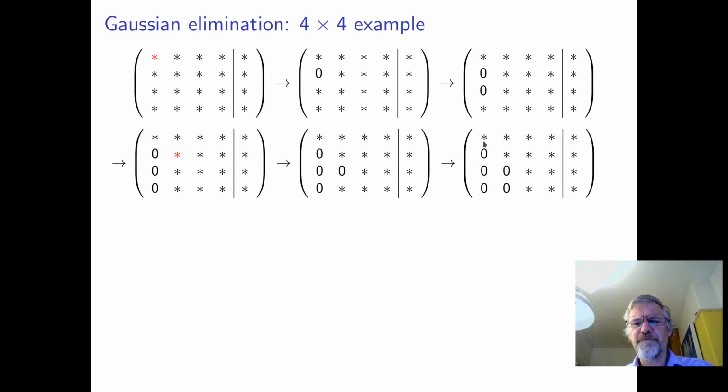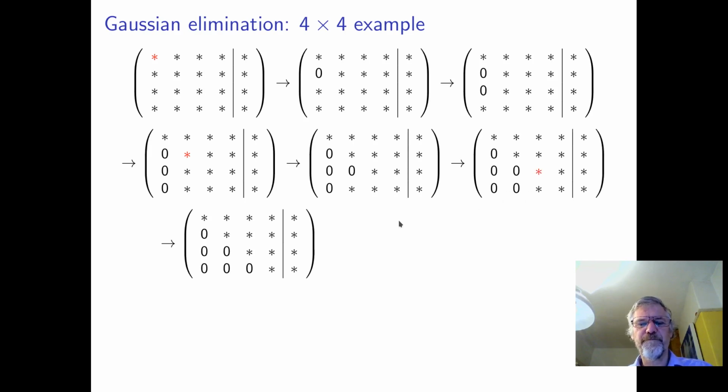So keep an eye on the diagonal there. It's the numbers below the diagonal at each point that I'm getting rid of. And then my next target is this number, and I'm going to use the third row to get rid of that. Now I've got an upper triangular matrix, and I can back substitute to solve for x1, x2, and so on, starting with x4.